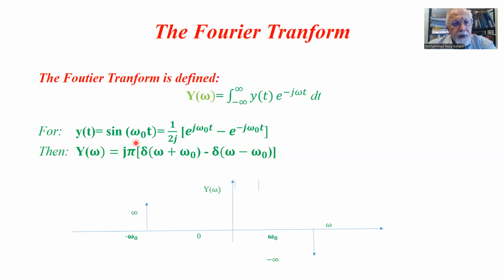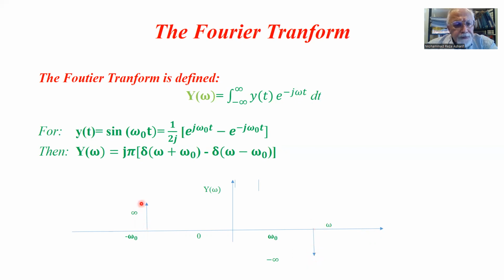Using the Euler formula, then y(t) will be, for instance in simple cases, sine omega 0 t, and then the Fourier transform will be calculated like this. As you can see here, in the frequency domain, we have two impulses, one at minus omega 0, one at plus omega 0.